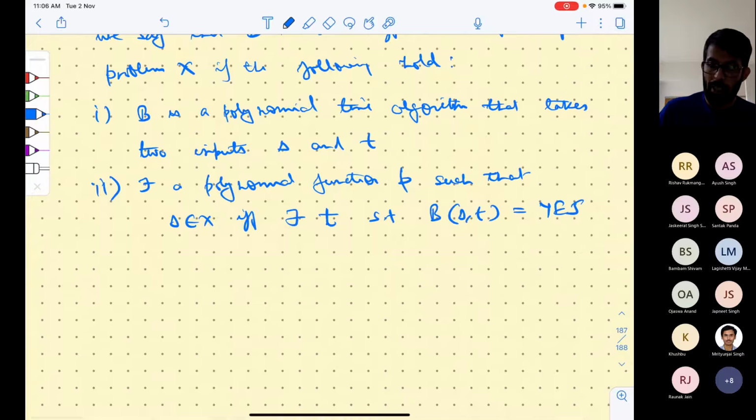B accepts on S and T as input, and the size of T is less than or equal to P of the size of S.